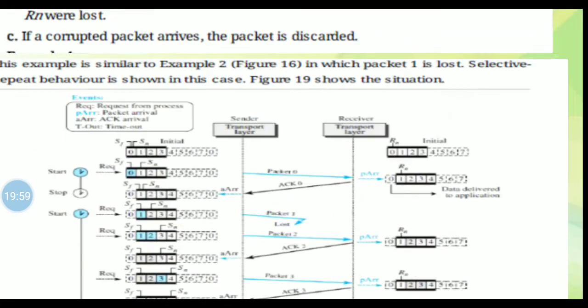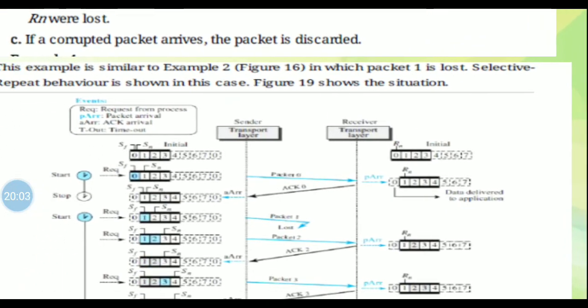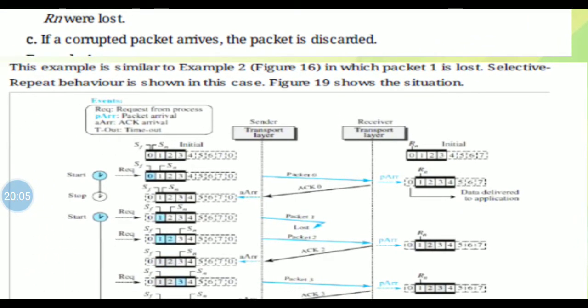There are two conditions for the delivery of packets to the application layer. First, a set of consecutive packets must have arrived.